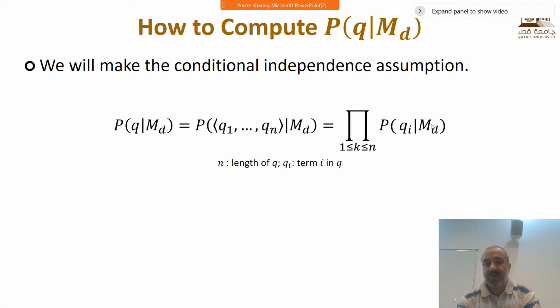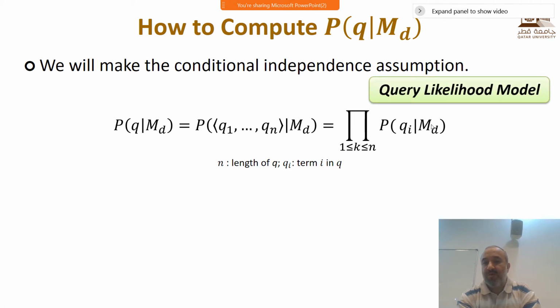Right. Now, this is called the query likelihood model, or QLM. In the query likelihood model, we assume that the query terms are independent, or conditionally independent, given the document language model.